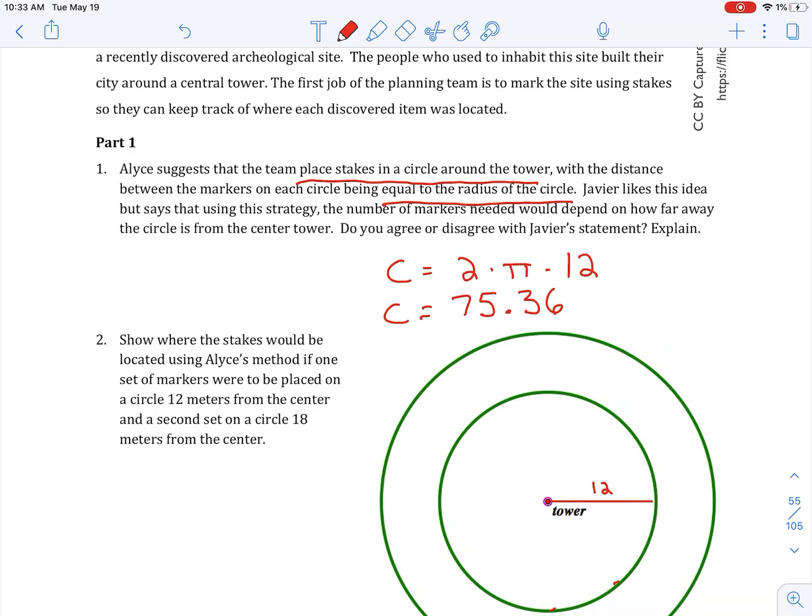And the radius is 12. So if I take 75.36, which is the circumference around the whole circle, and I divide it by the radius, that tells me how many radii I get across the circle. And guess what I get when I do that problem? I get 6.28. That tells me I can get 6.28 12ths around the circle.